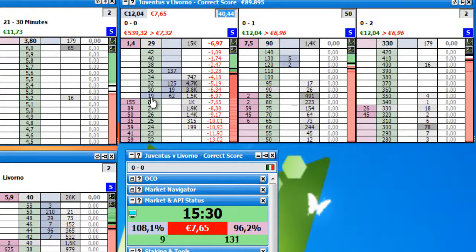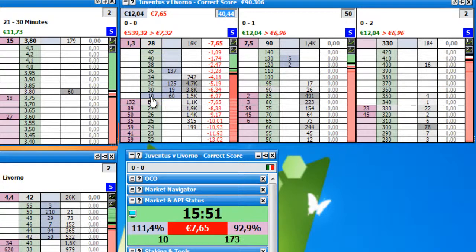So I can, you see here now I have 12 euros left on this side. I can now stay, for example, I can also stay now here up to the odd of 23, if you close or if you back a little bit from your initial stack in the market.